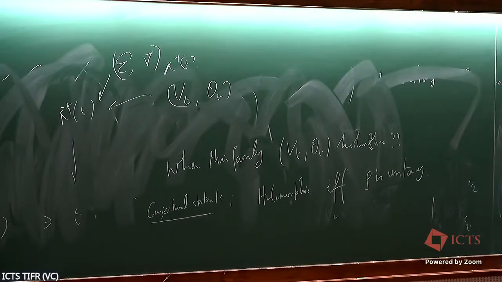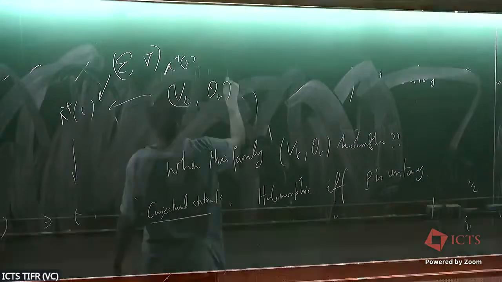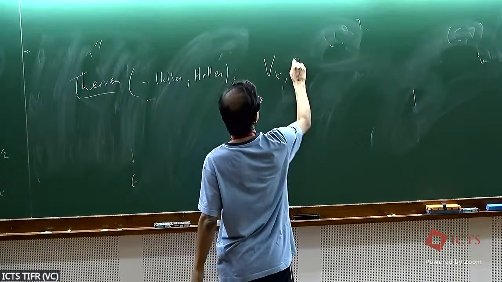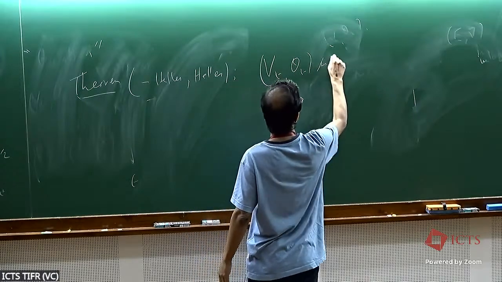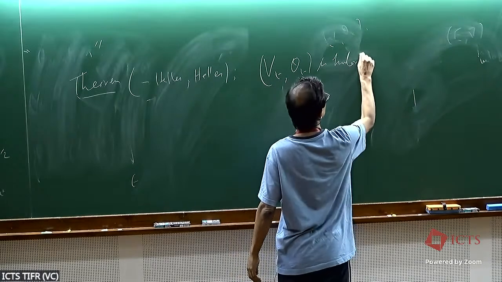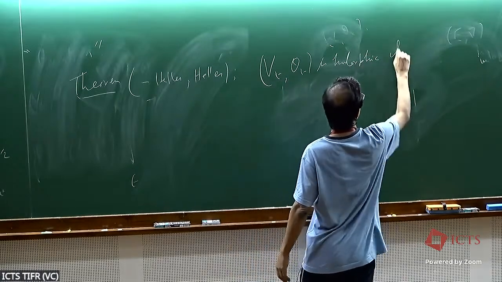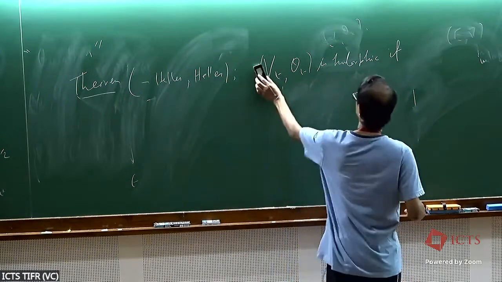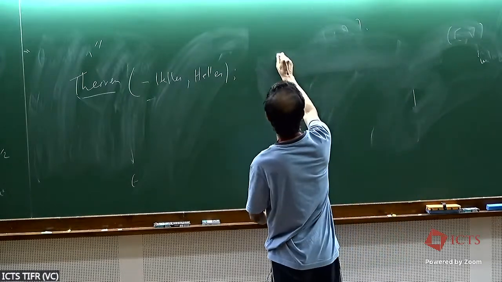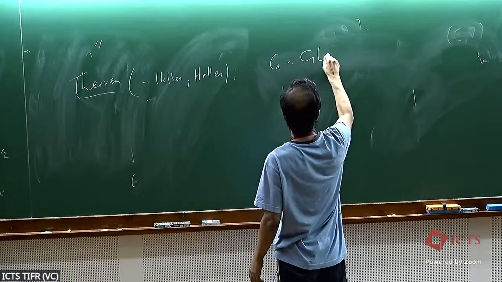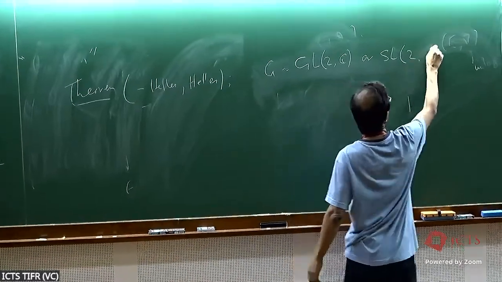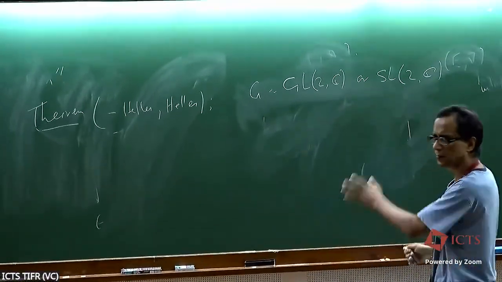With Heller and Heller. This family is holomorphic if, no, we can put it on, take G to be GL2C or SL2C or something isogenous to it, for example, PSL2C.